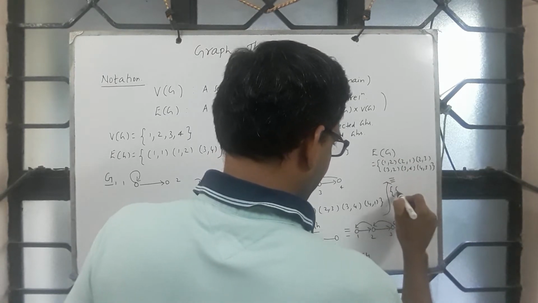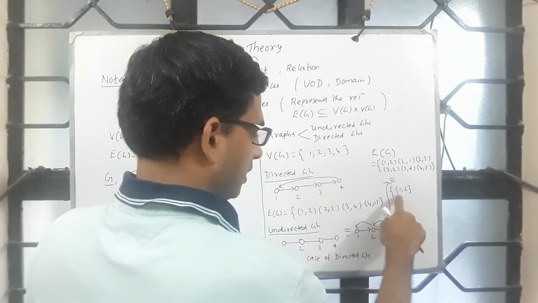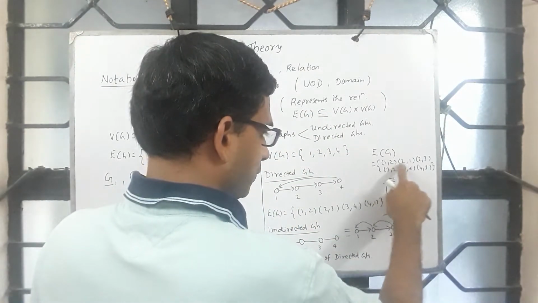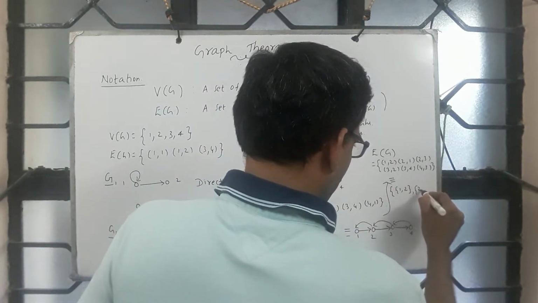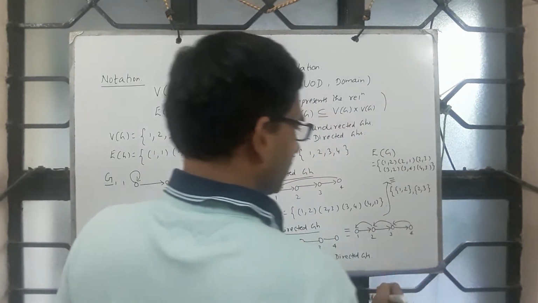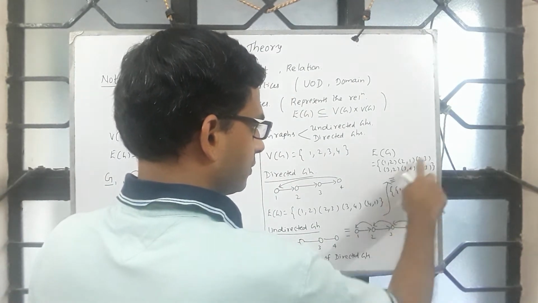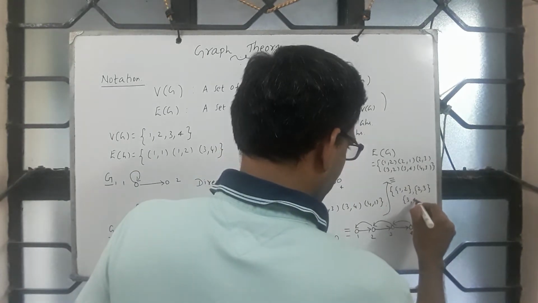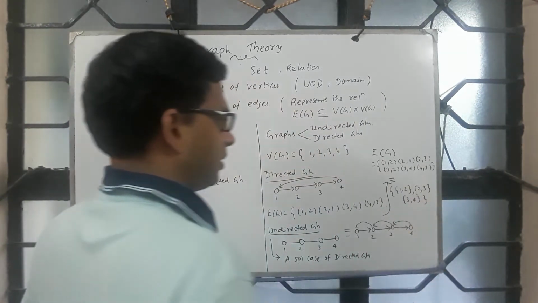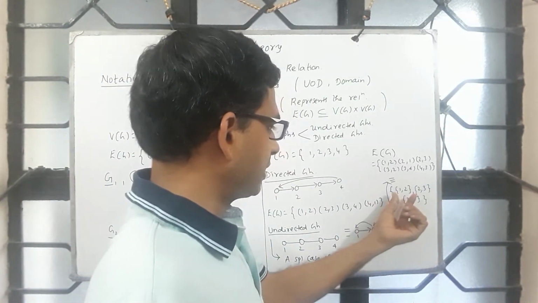In the undirected sense, order is not there. So these are equivalent to writing the set containing {1,2} and {2,3}, which is unordered now. You can see it as {2,3} or {3,2}, so it covers these two, and {3,4}, {4,3}. When you have a set, the elements are unordered.